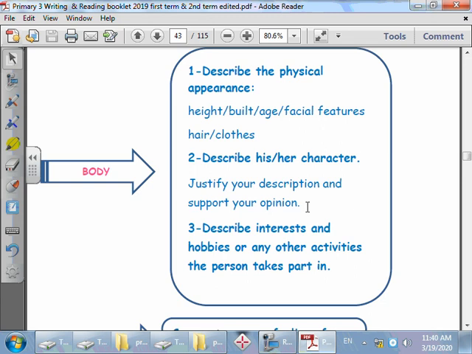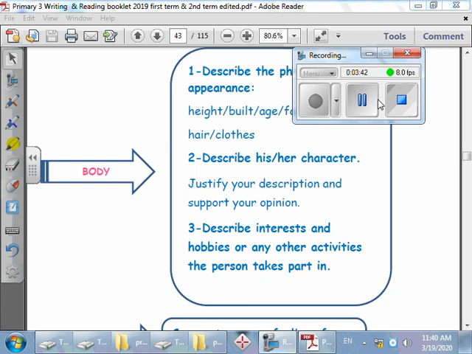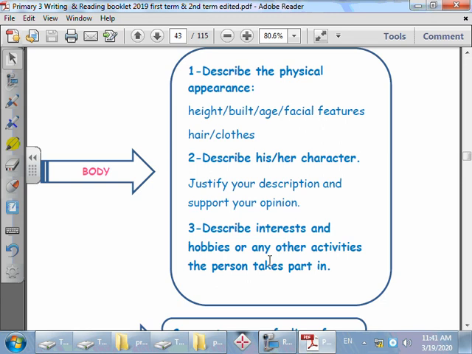Why are you saying that he is helpful? For example, because he helps me when I have a problem, or he helps me in the homework, or whatever reason you want.